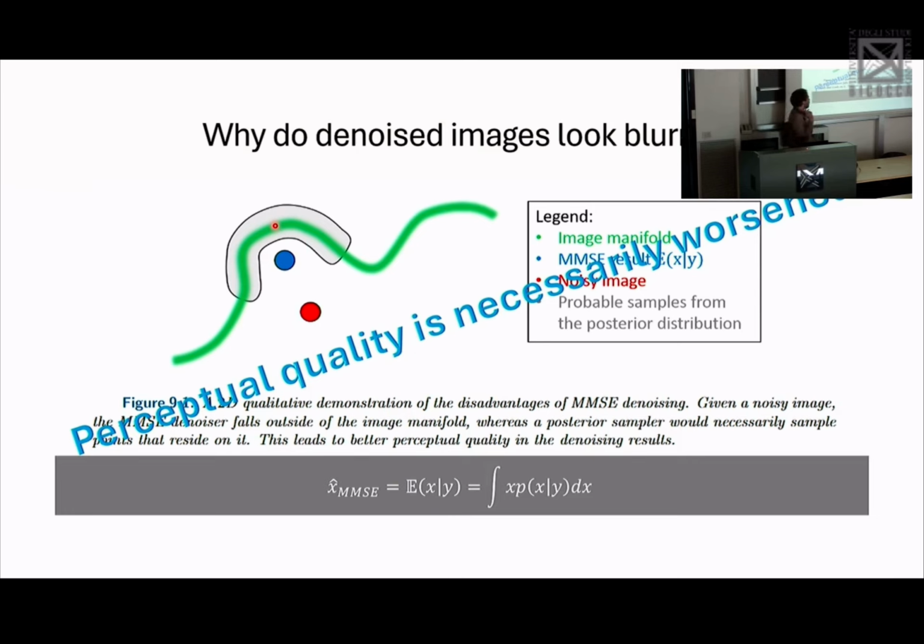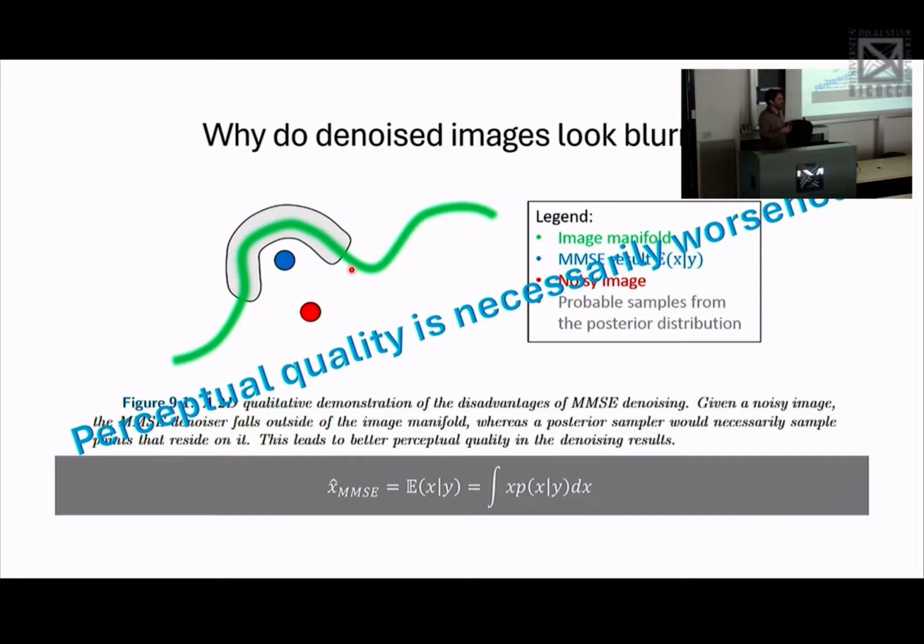So this is to remember that perceptual quality is necessarily worse than the true image. Not worsened, it's better than this one, of course. But it's not as if I was maximizing perceptual quality. I don't necessarily want to solve this issue, because as I said, this is a weighted mean, weighted by the probability of all the feasible solutions.